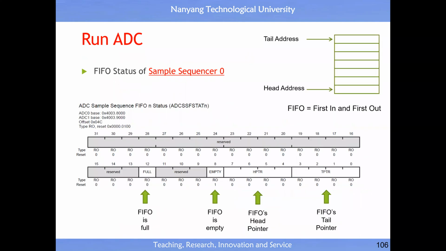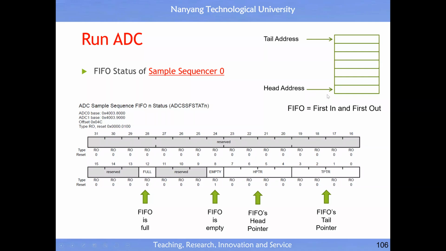But this one gives you really a lot of possibility. In case you are not fast enough to read the number, the data coming from sampling device number 0 goes to a buffer, and they just stay there. Then you can take your time to read them out.